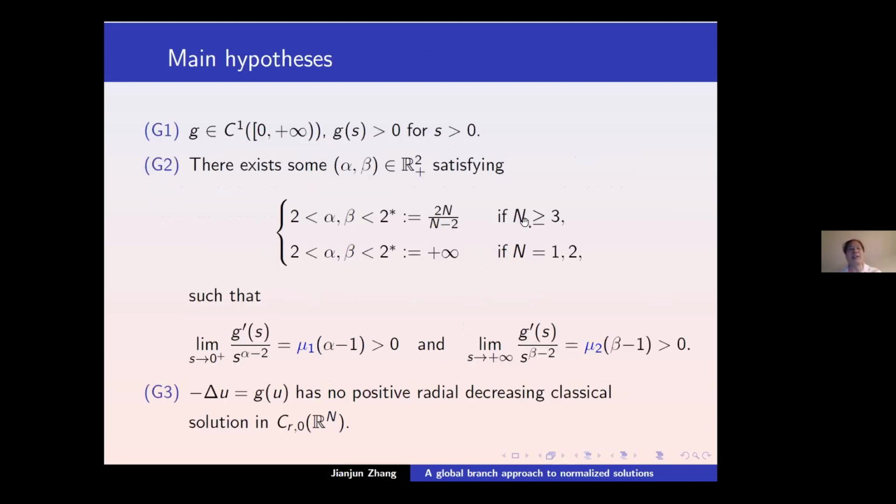So now we give the main hypotheses of my work. First, we assume G is positive and of C1 class. Also, we make the following assumptions on G. Actually, we should know the behavior of G near the origin and infinity.